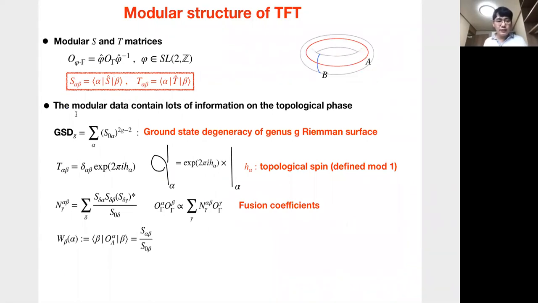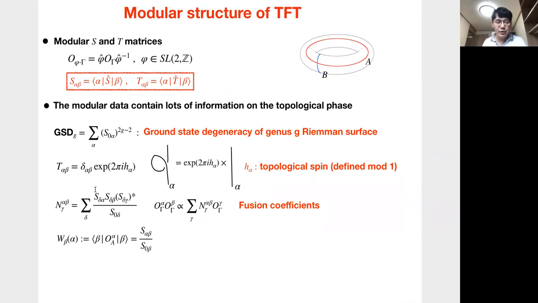So modular data contains a lot of information about this topological space. First, the ground state degeneracy of the topological space can be computed using the so-called Verlinde formula. If you know the S matrix, then we can compute the ground state degeneracy. The topological spin of the anyons is encoded in the T matrix.